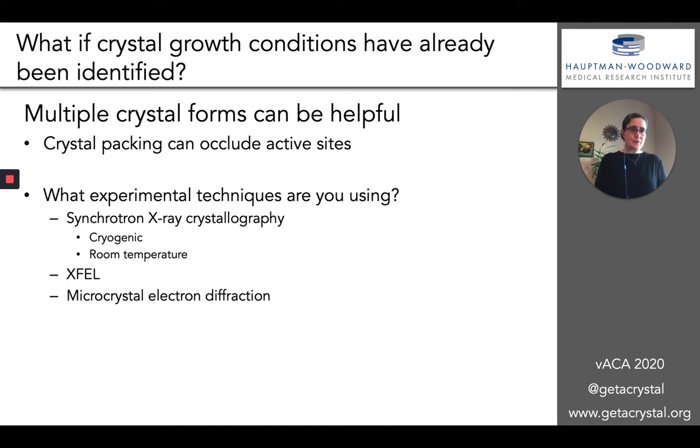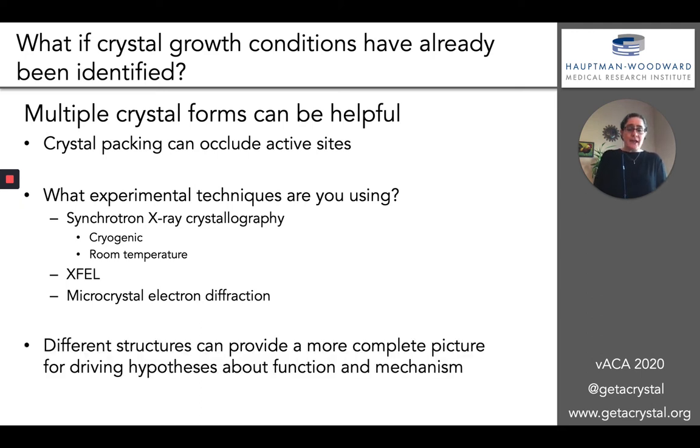And so the type of experiment you're doing can dictate what type of crystal you actually need. And finally, I think one of the really important things to keep in mind is that different structures can often provide a more complete picture for driving hypotheses about biomolecular function and the potential mechanisms of action. So as structural biologists, it's important for us to consider all of these different things.